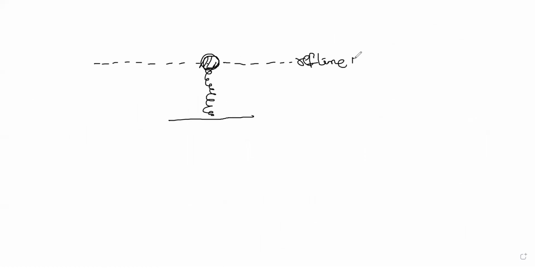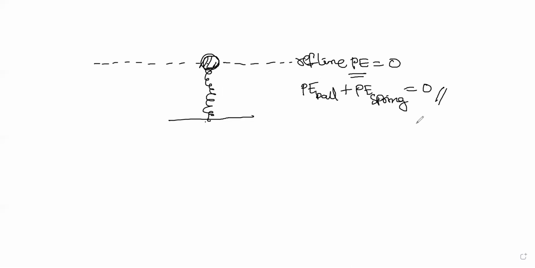At the reference line, we assume the potential energy of the system is zero. Potential energy of the system means the ball as well as the spring, both. That is the potential energy of the ball plus the potential energy of the spring, both are zero. Clear? This is called the reference line.